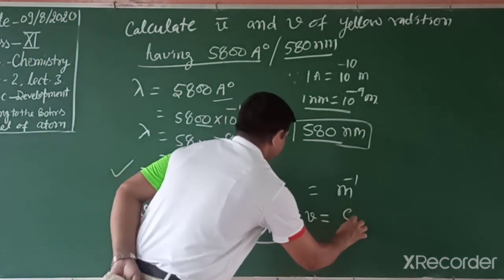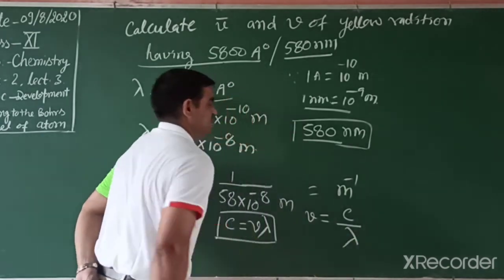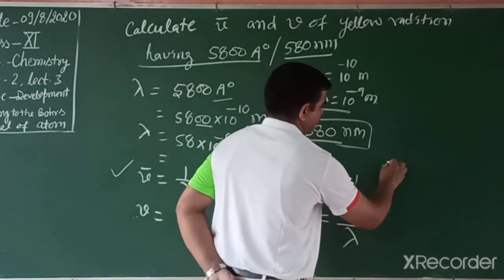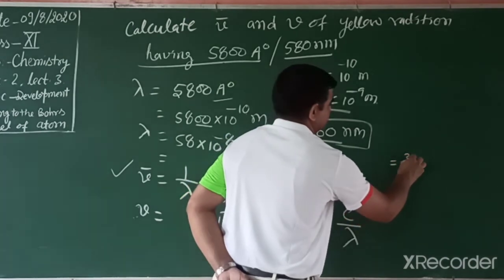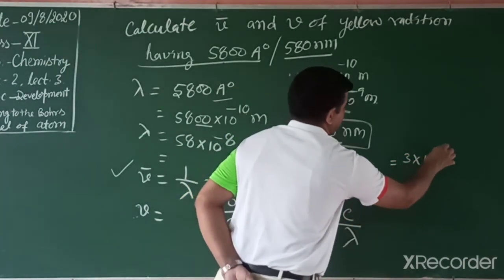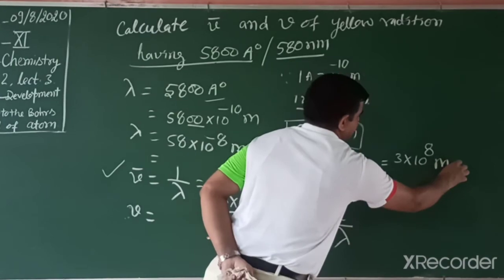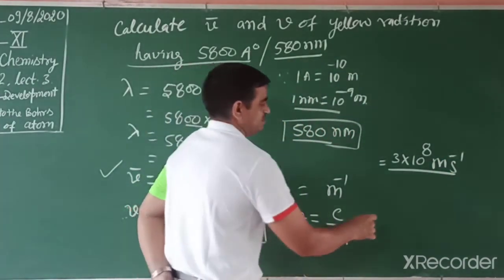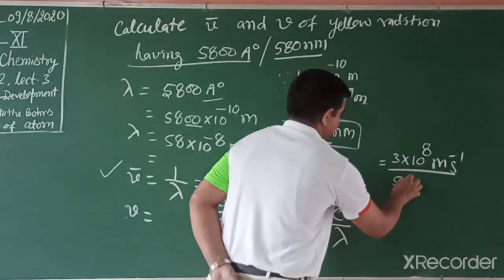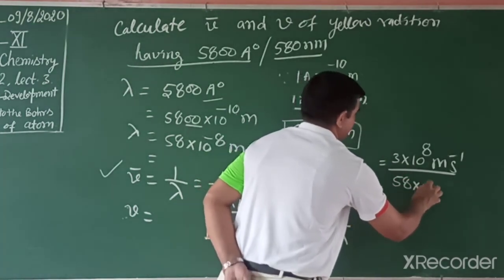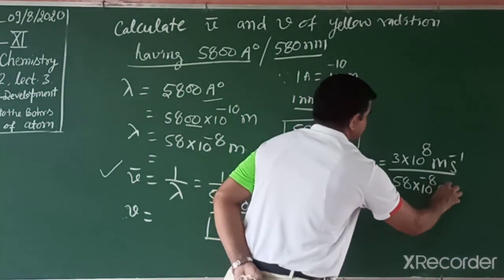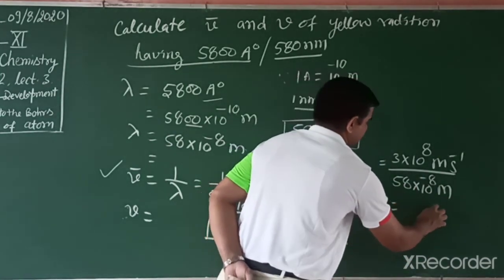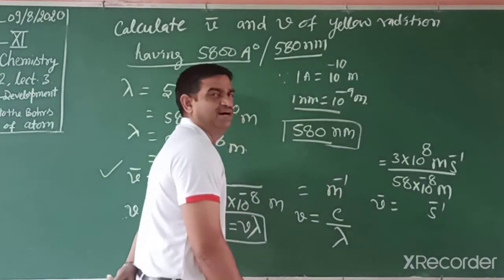Frequency is equal to c by lambda. c is the speed of light in vacuum, 3 into 10 to the power 8 meter per second, and the wavelength in meter, we know, is 58 into 10 to the power minus 8 meter. When you solve, you get frequency in second inverse or hertz.